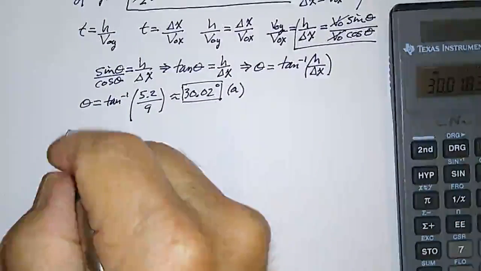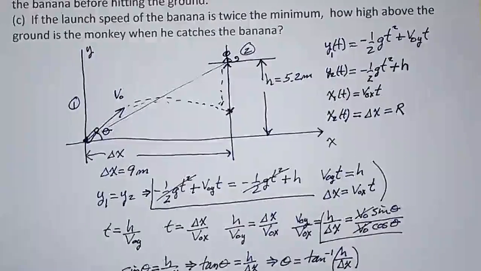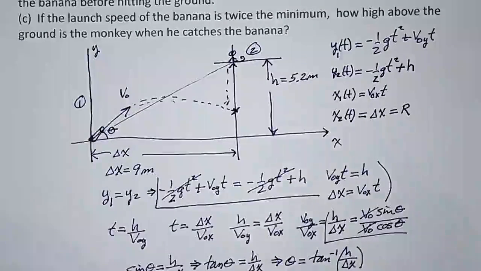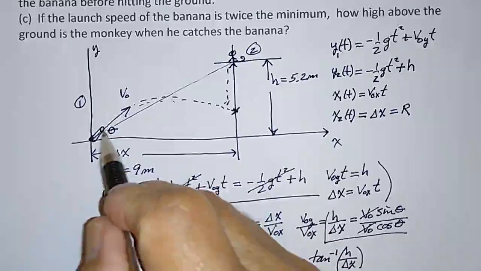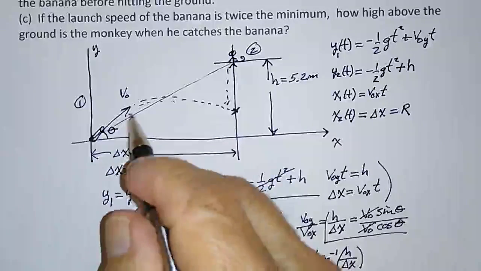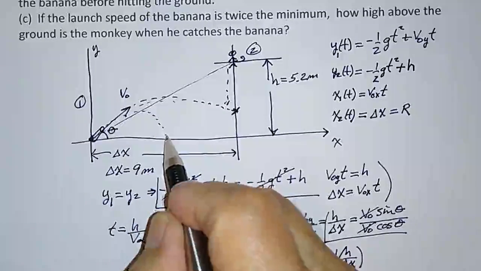For the second part, let's go back and take a look at that. The second question is, find the minimum launch speed of the banana so that the monkey can catch the banana before hitting the ground. What that's saying basically is that if I don't launch the banana at a fast enough speed, even though I have it at the right angle, it's going to go up here and fall short somewhere.